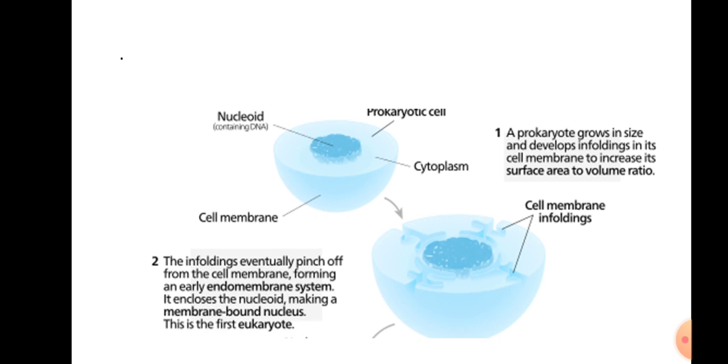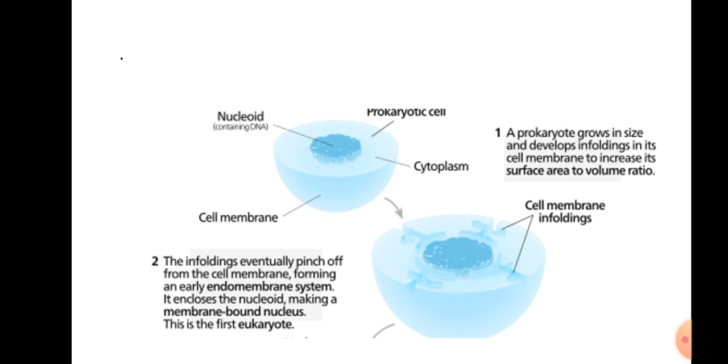Now, using the figures, on this figure you see a prokaryotic cell with the nucleoid, which is circular DNA, and you see the cytoplasm and cell membrane. First, a prokaryote grows in size and develops enfolding in its cell membrane to increase its surface area to volume ratio.